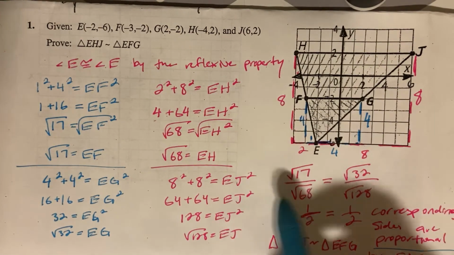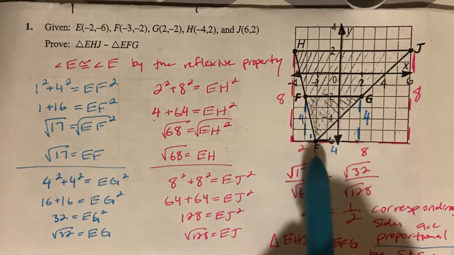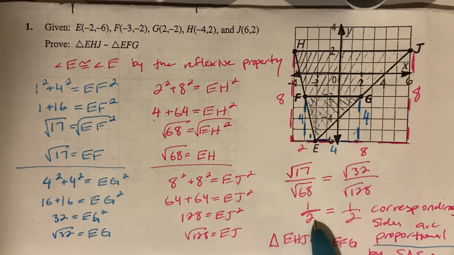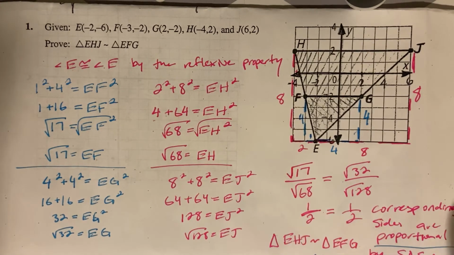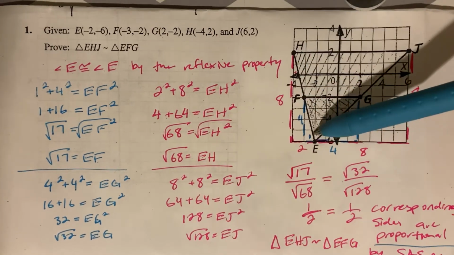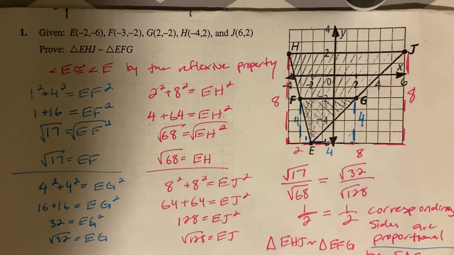I match up the small side to the big side for the corresponding sides, reduce, and that shows me that the corresponding sides are proportional. So therefore we have SAS. We can prove that triangle EHJ is similar to triangle EFG by the side angle side similarity postulate. Sorry, side angle side similarity. I don't know if it's a postulate.